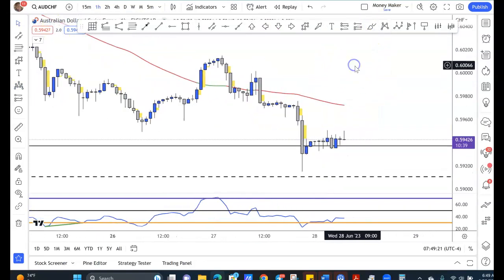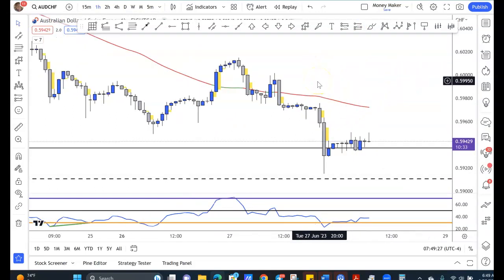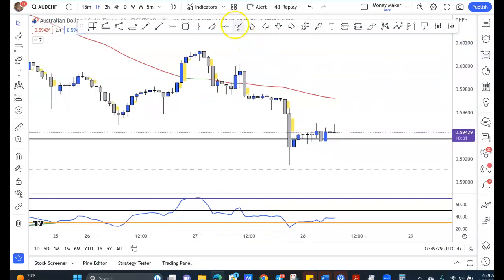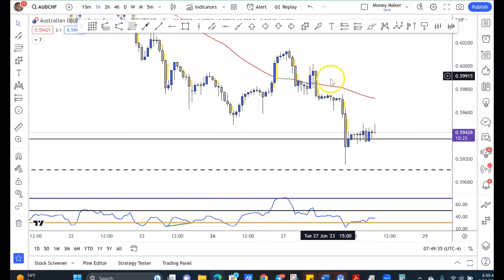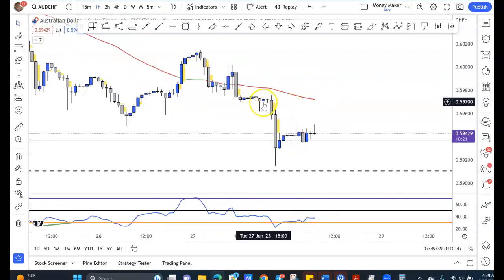You can also use a method that my coach has taught, the entry method called Formula 50, which pretty much means that you're going to use the 50 moving average, and you're going to use the recent swing high that pushed the market down. In this case, this was the last buying candle that pushed this market lower to break this area right here.